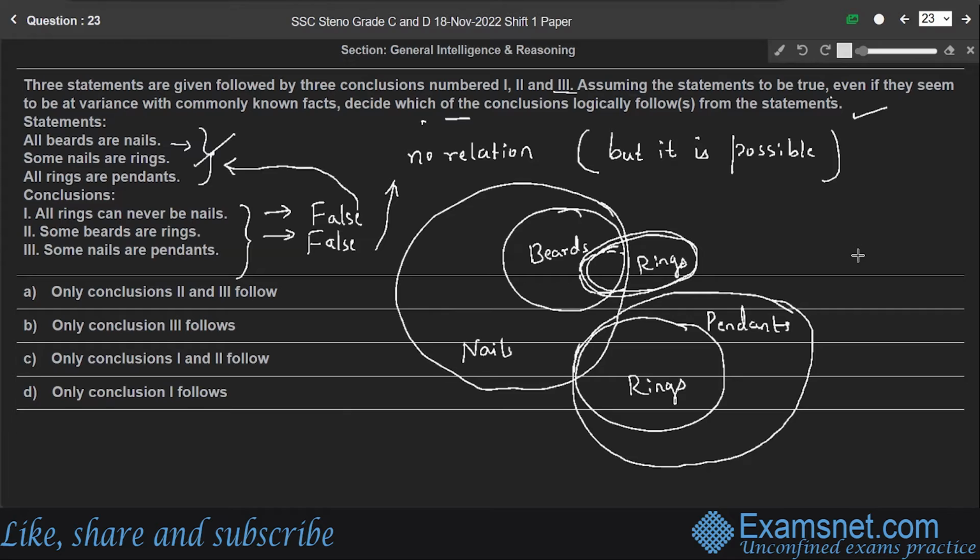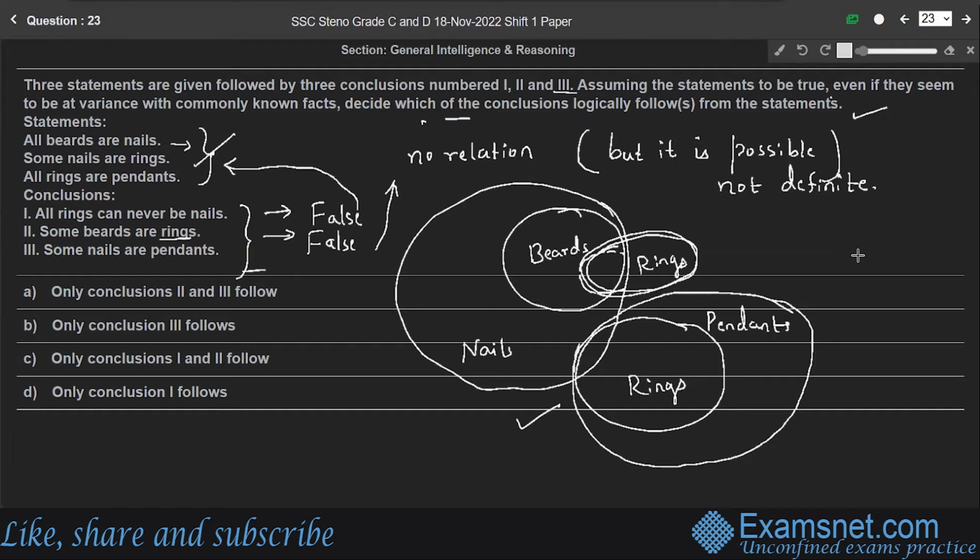The second statement will be satisfied, right? In such a case, some beards are rings. The second conclusion is possible, right? In the first case, which I have drawn here, it is not possible. So it is possible, not definite, right?